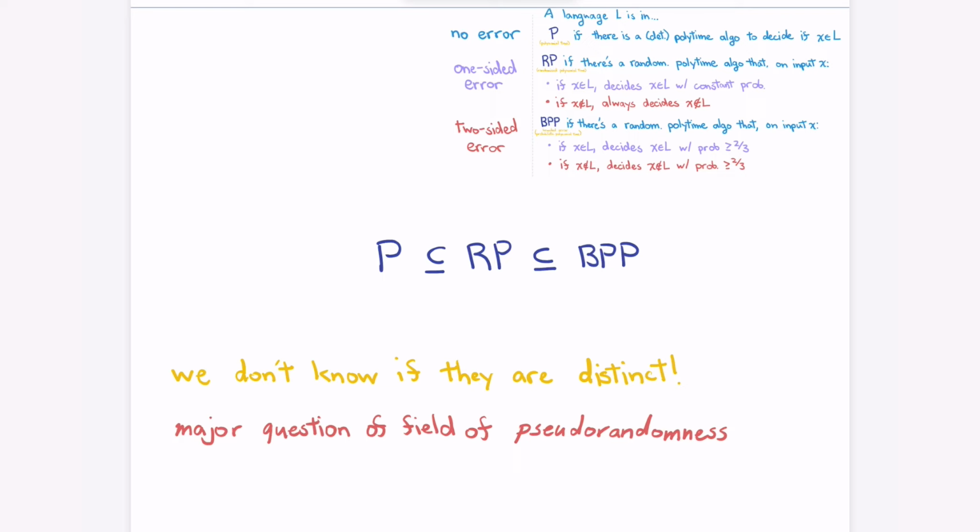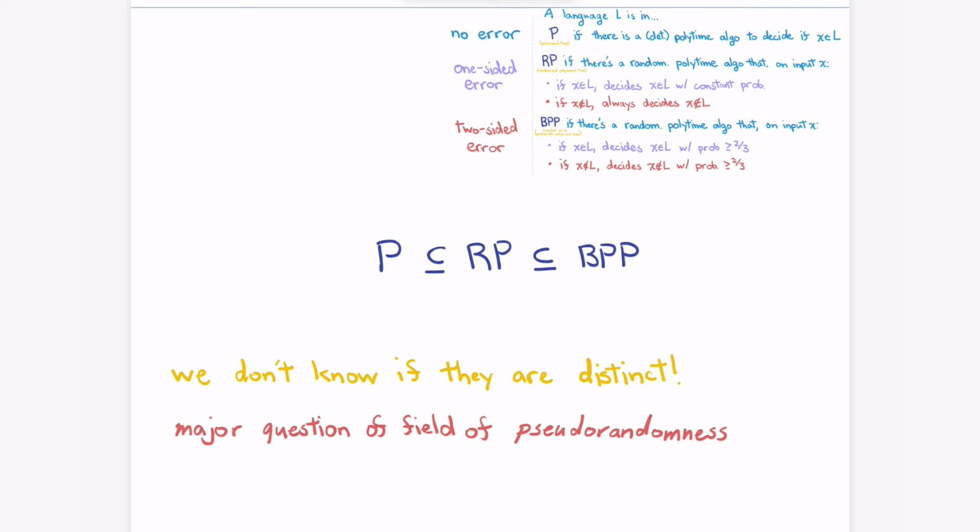All right, let's focus on one-sided error, RP. NP requires a proof. There's a polynomial time verifier for NP.